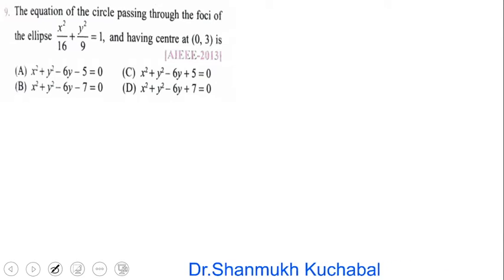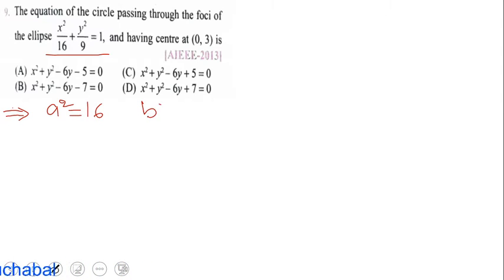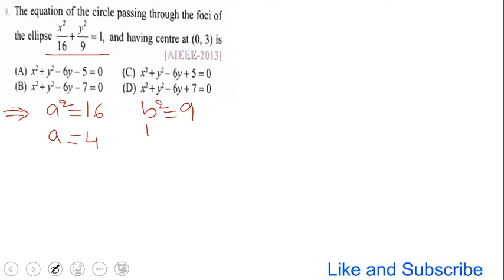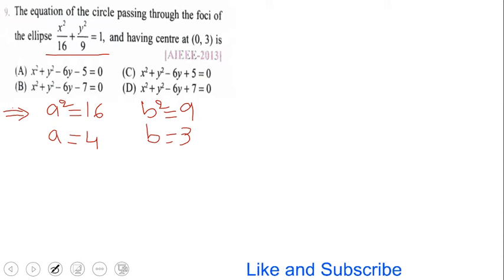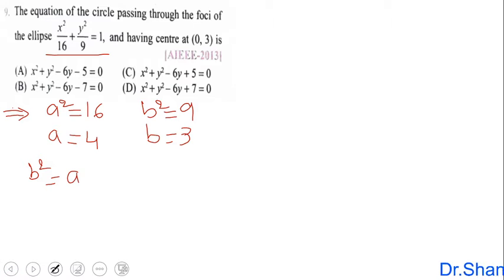So here, the standard equation of an ellipse is x square by a square. So a square equals 16 we get. b square equals 9. Further, a we get as 4, b we get as 3 here. Then I use the relation between a, b and e in the case of an ellipse. Using that, b square equals a square times (1 minus e square).